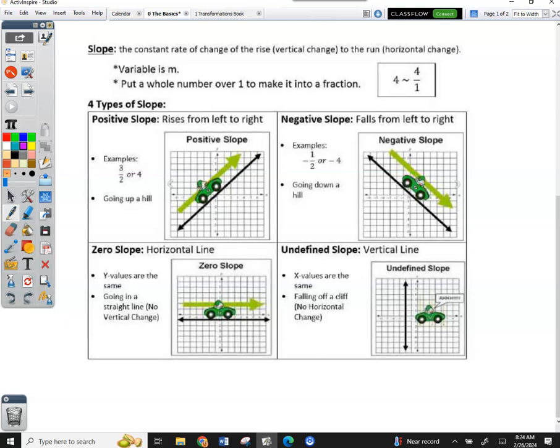So if you recall, slope is referring to a rate of change, meaning it's measuring the spacing or the distance or the movement. It's measuring the movement up or down along with the movement right or left of a line. So it's the steepness of a line, right?